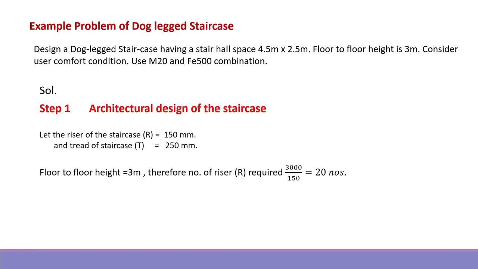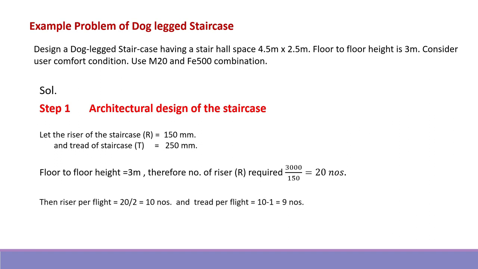Therefore the number of risers required will be 3 meter divided by 150, because 150 is the height of one riser and you have to negotiate 3 meter. So if I divide it by this riser, the number of risers will be 20.